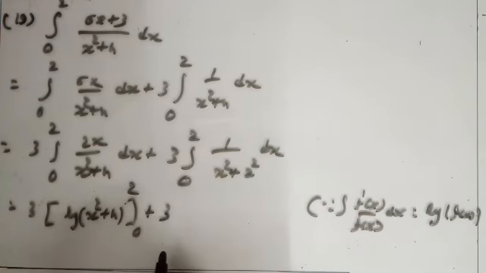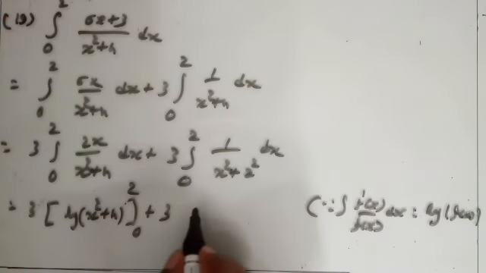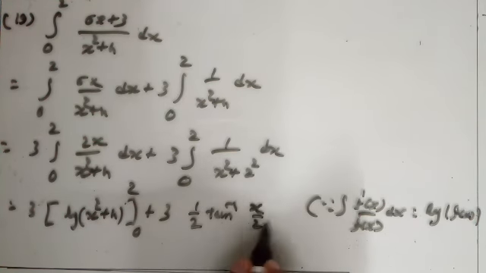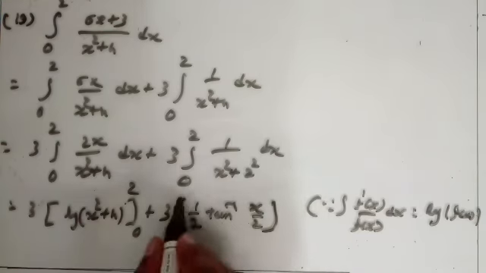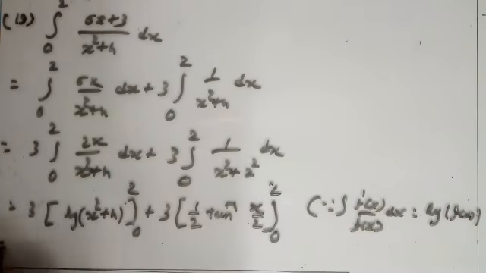Now plus 3 integration of 1 upon x square plus a square is equal to 1 upon a tan inverse x upon a, where a is equal to 2, and the limit 0 to 2. Clear? So is equal to 3.